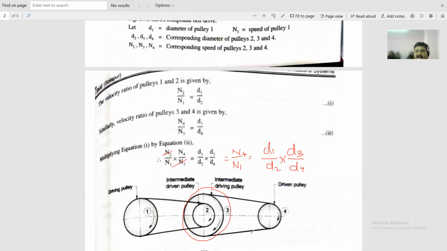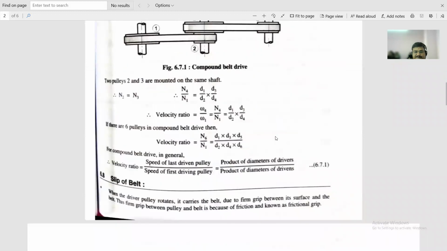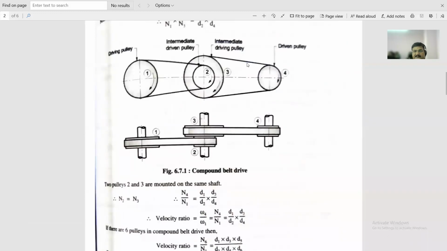So here I can write the formula. Now I showed only 4. Such a compound belt drive can be of 6, of 8, of 10, of 15, of 20. So there the standard formula for this compound belt drive is this one. What is it? I will write it.